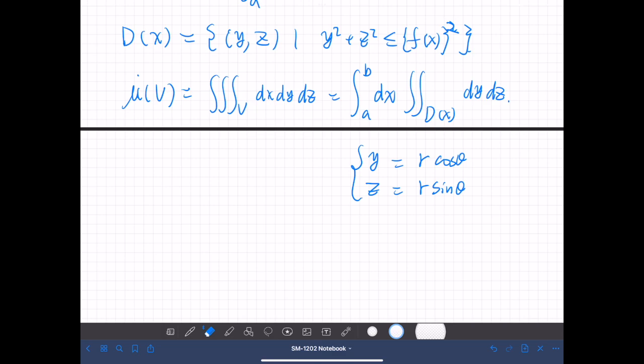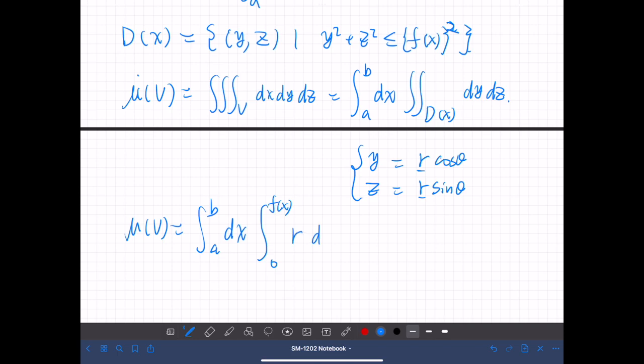If we use this, then the volume becomes the integral from a to b of dx, and this radius varies from 0 to f of x, assuming f of x is positive. And the Jacobian is r, so r dr, and the angle theta varies from 0 to 2 pi.